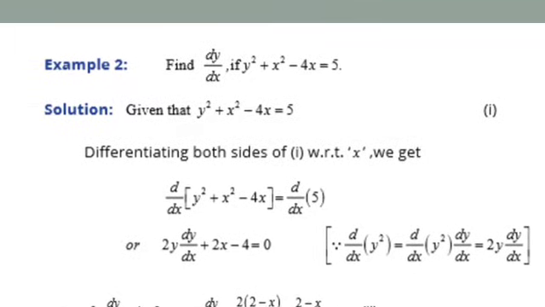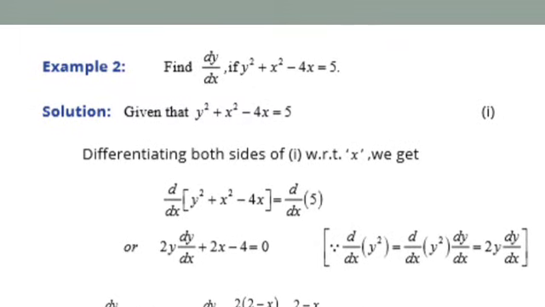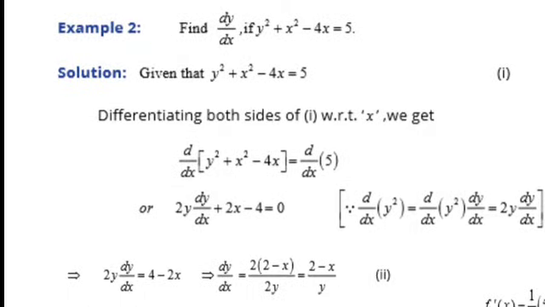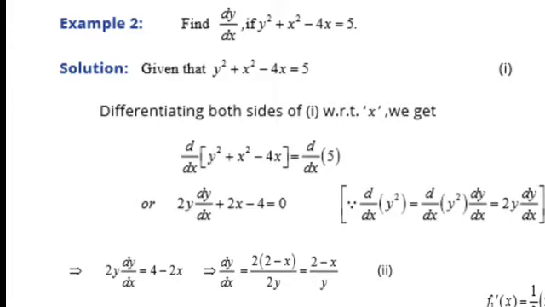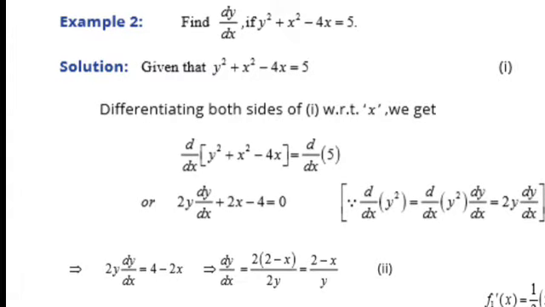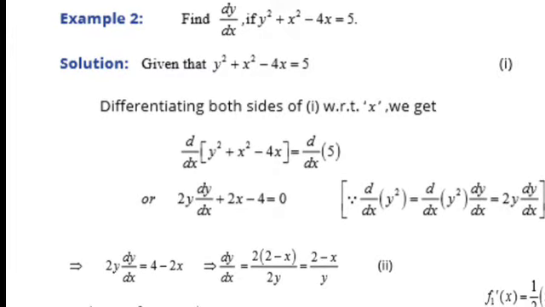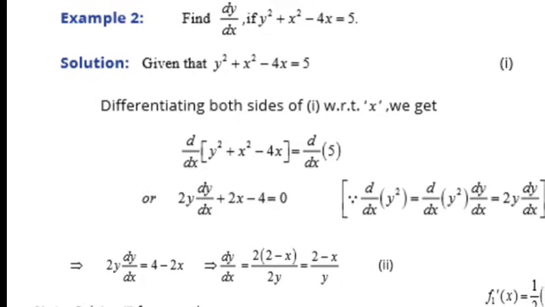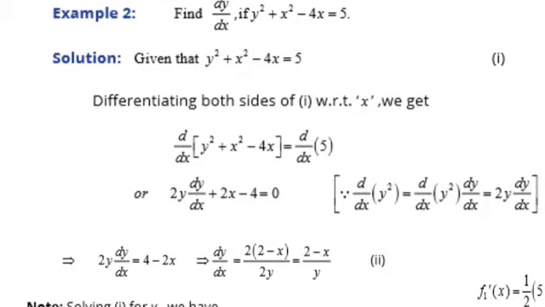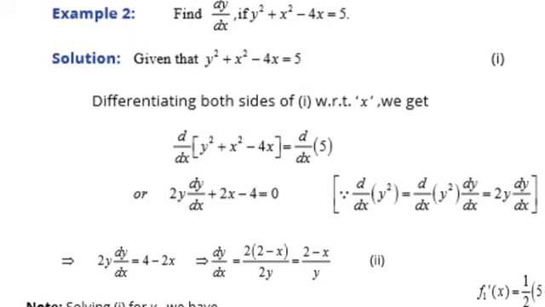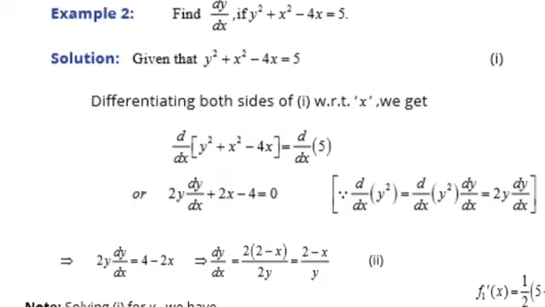Now here we have y square plus x square minus 4x is equal to 5. The derivative of y square is 2y dy by dx. Remember this point: always when you differentiate y, we write dy by dx. If we have simple y, its derivative is dy by dx. If it's a power, then it becomes power minus 1, and then we write dy by dx.